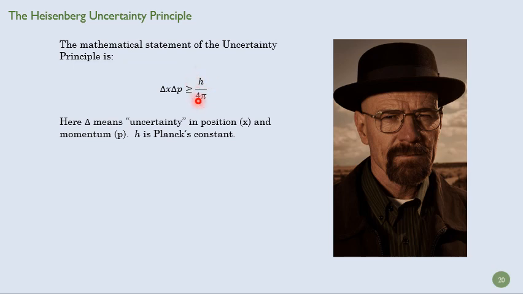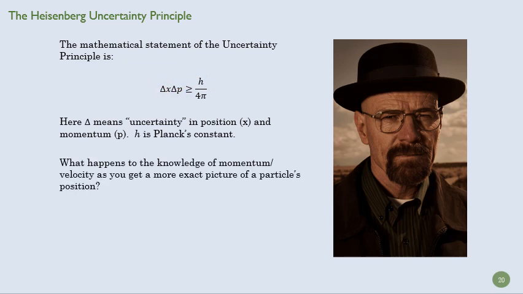So this is a constant over here. It's a very small constant, right? h is tiny, and we're dividing it by 4 pi. So this is small, but this term can't be 0, right? What does that mean? Well, it means that neither of these can be 0, because that product would be 0.